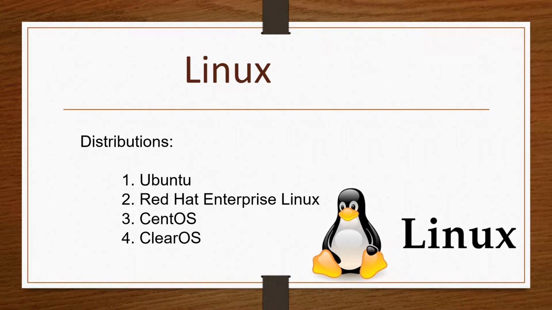The second is the Red Hat Enterprise Linux. Red Hat Enterprise Linux is a Linux distribution that was developed by Red Hat and targeted towards the commercial market. It can work on desktops, on servers, in hypervisors, in or on the cloud. The third is CentOS.